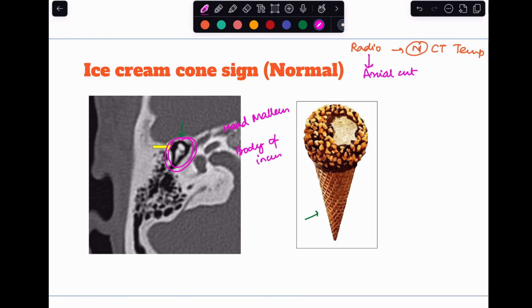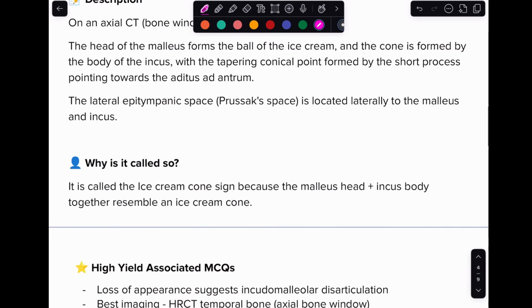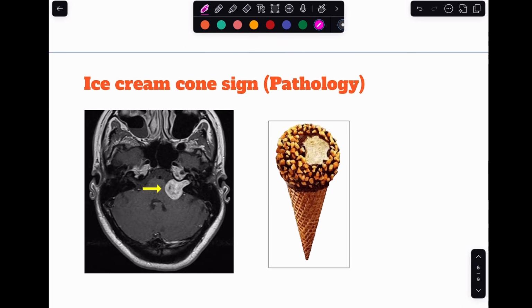And the best imaging, as we have discussed, is a CT temporal bone axial section. Now this brings us to the second question. What is the pathological ice cream cone sign that we see in ENT? And this is seen in an MRI rather than a CT scan.